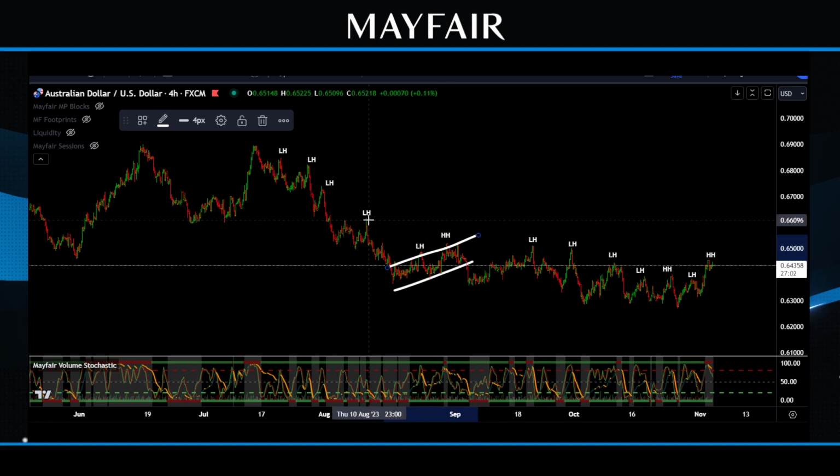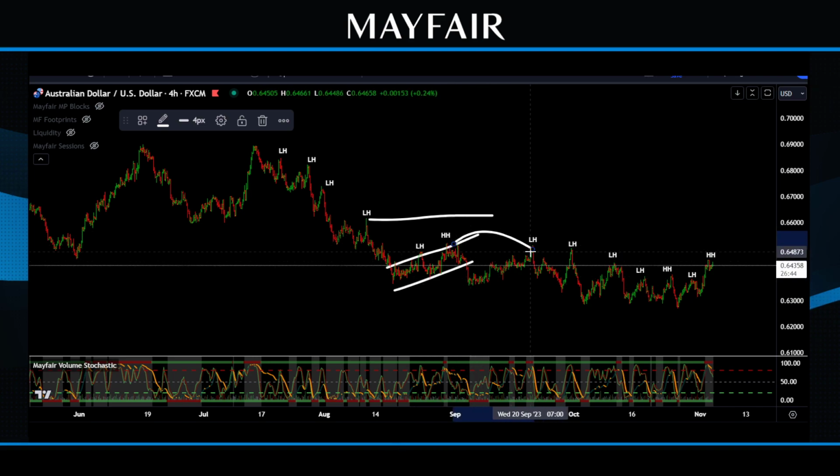We failed to take out the previous, which meant at this particular point, you got this area as a potential swing change of character. We then come down, we create a new lower high, so again, bearish sentiment resumes. We come up and tag to create another lower high just below this one. Lower high. Now, the next change of character again comes here.